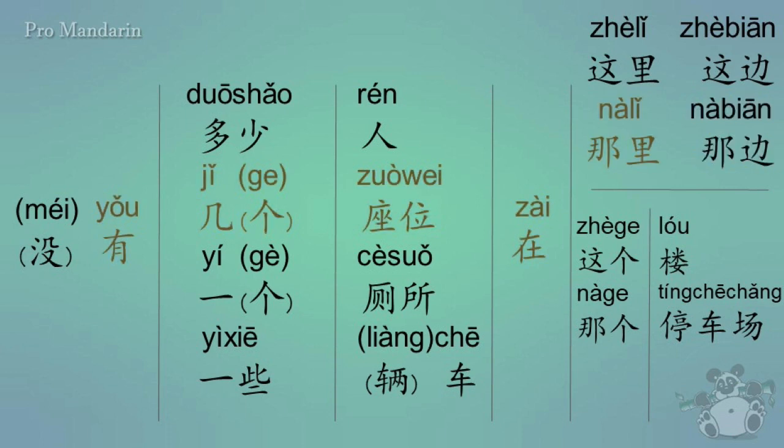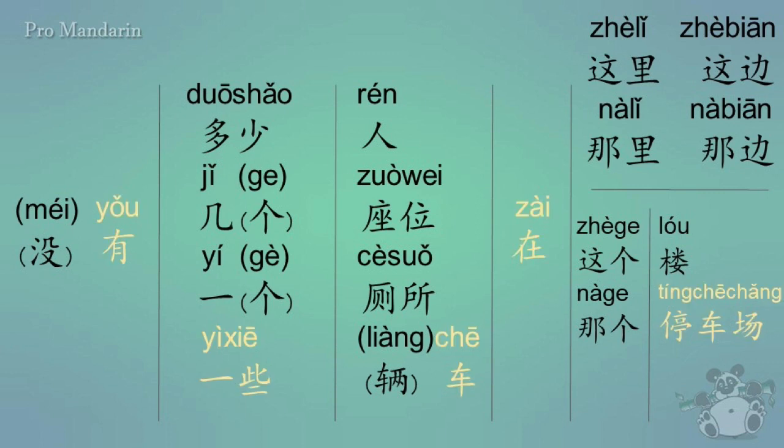This is, of course, you're assuming that there's only a few or less than 10. And then if you're going to say there are some cars in the parking lot, a quick little note about the versus this and that. You wouldn't have to use 这个 or 那个. You could just say 停车场, and that'd be just fine. So you would say 有一些车在停车场.